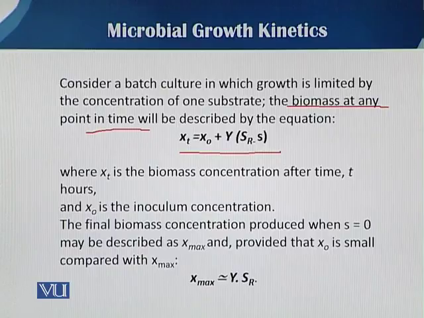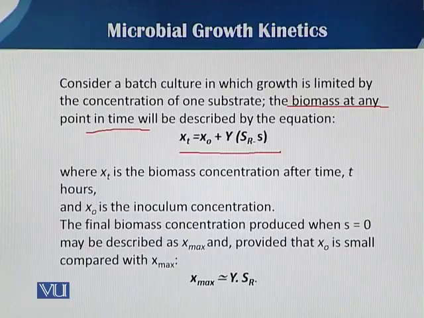So S_R minus S. Here S_R represents the initial substrate concentration. R can be denoted as the reservoir, so the amount of the substrate present in the reservoir, meaning in the fermenter vessel, at the start. Minus S, where small s represents the residual substrate at time t.